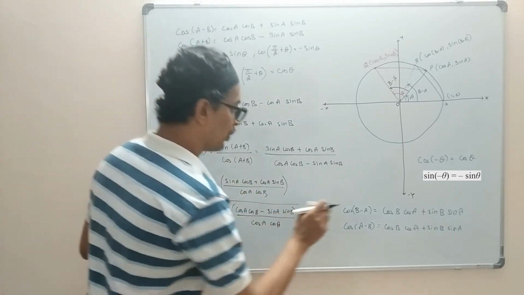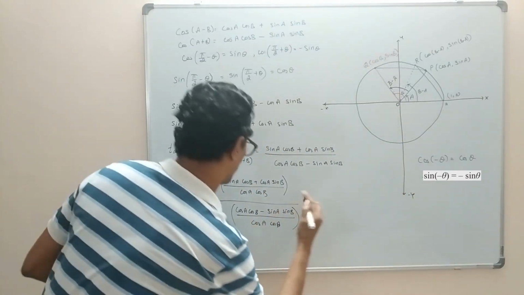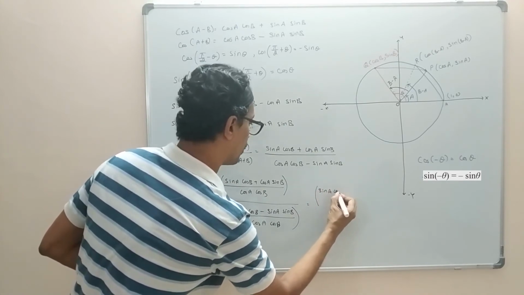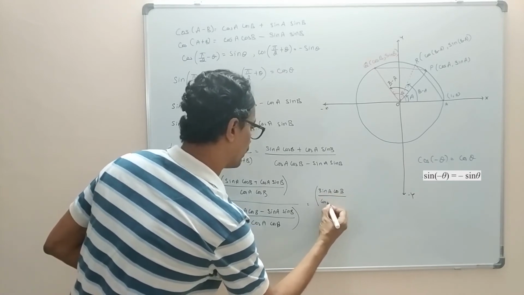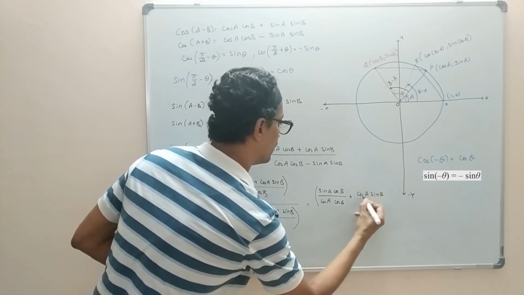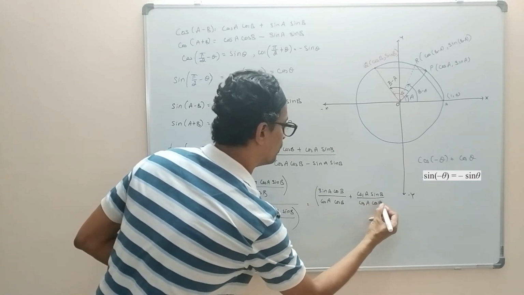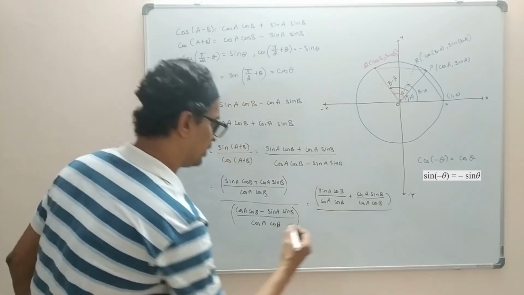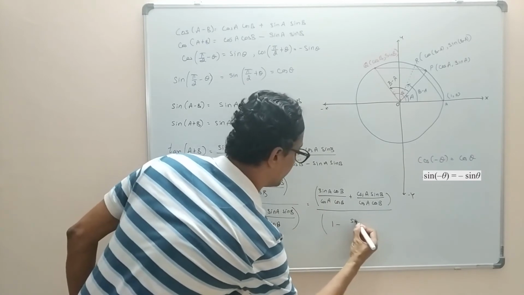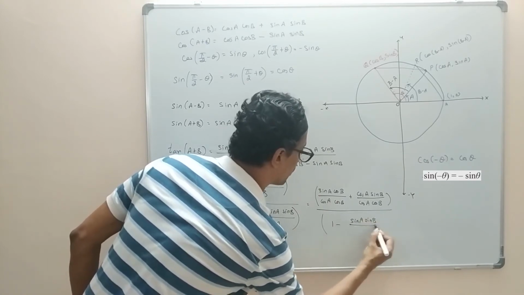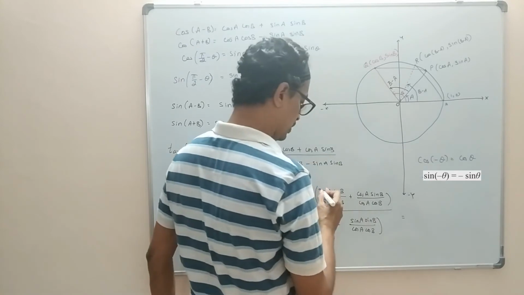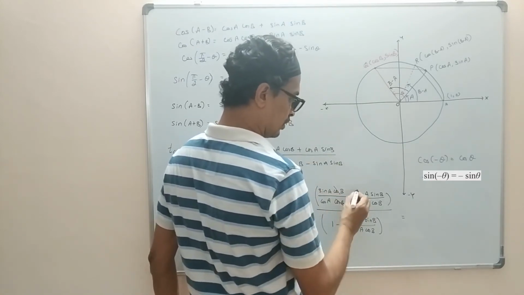Okay, so what we will get here, let us open up. So this is going to be, on the top, sine A cos B divided by cos A cos B plus cos A sine B divided by cos A cos B, and the whole thing divided by, so cos A cos B becomes 1, right? 1 minus sine A sine B divided by cos A cos B. So this will be equal to, cos B cancels, cos A cancels.